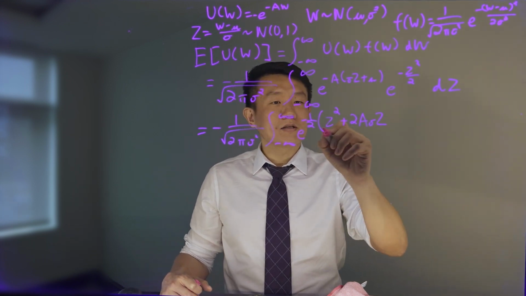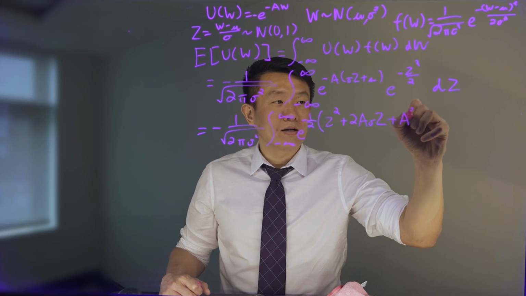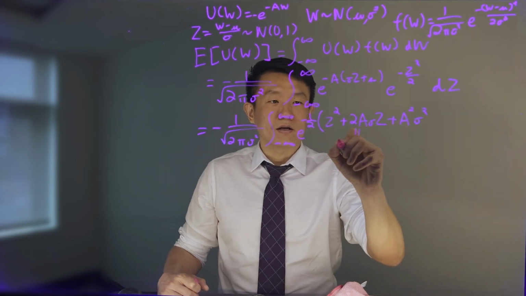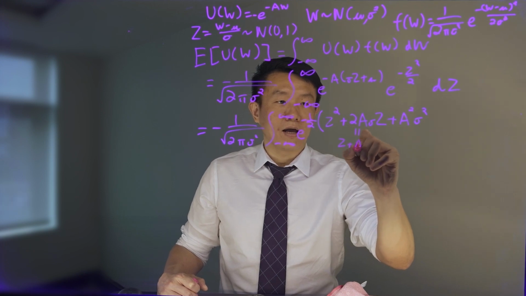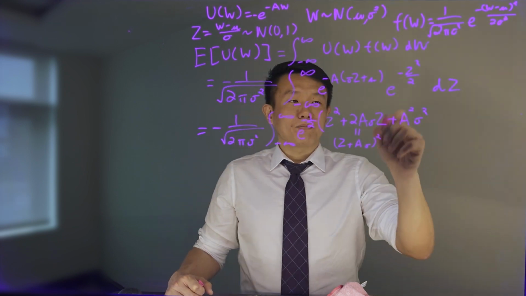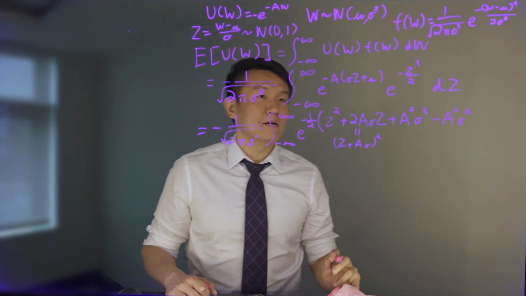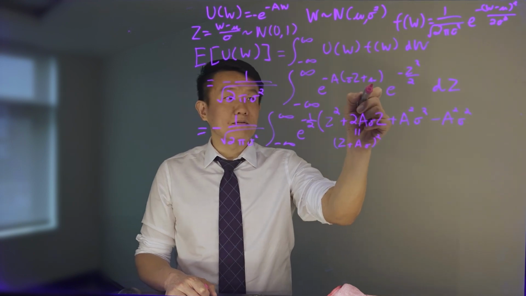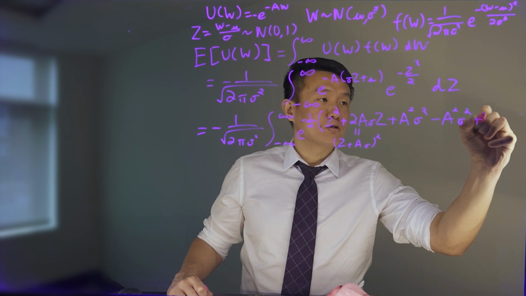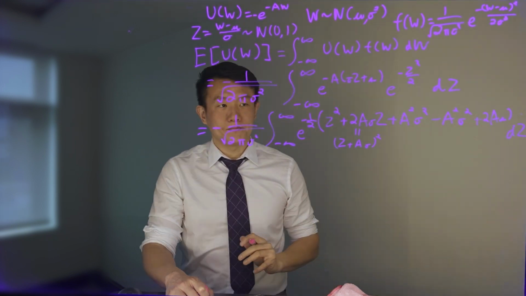If we complete the square, that's going to give us a squared sigma squared. So all of this is equal to z plus a sigma squared. But because we added this term, we have to subtract this term as well. And then finally, we have the last term from here to deal with. So that's going to be plus 2a times mu, and all this dz.